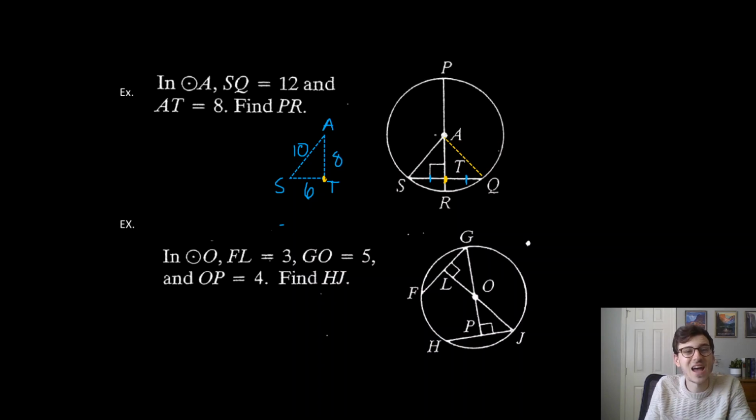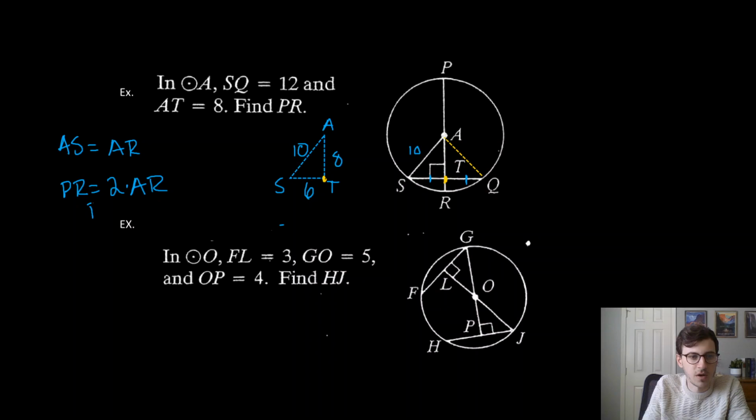And that's the radius of the circle, right? If that's 10, then AR would be 10. We say AS equals AR because those are both radii. And we know that PR is twice AR.